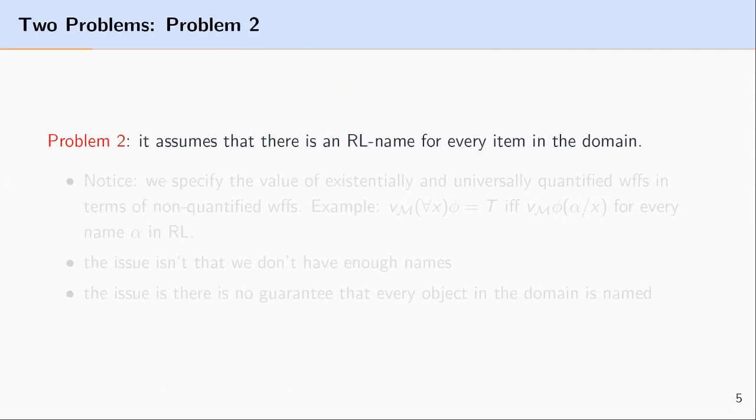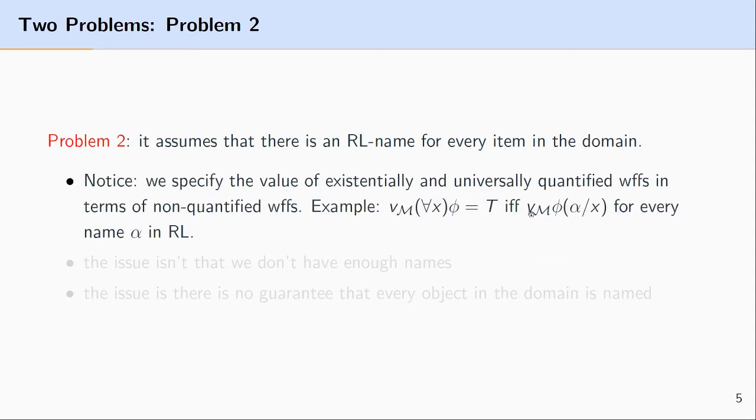A second issue is that the valuation function assumes that there is a name for every item in the domain. And we might take this to be controversial. When we specify the truth value of existentially and universally quantified well-formed formulas in terms of these non-quantified well-formed formulas, we're assuming that every item we're talking about is named.